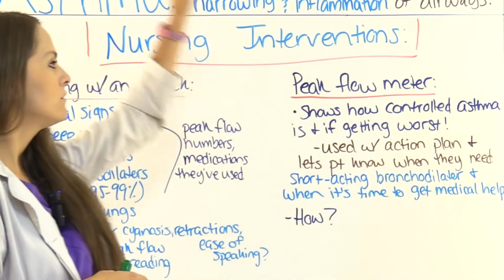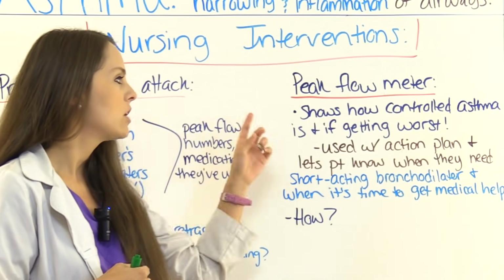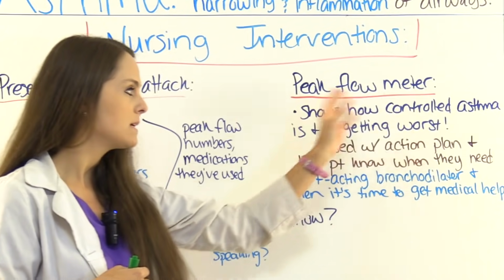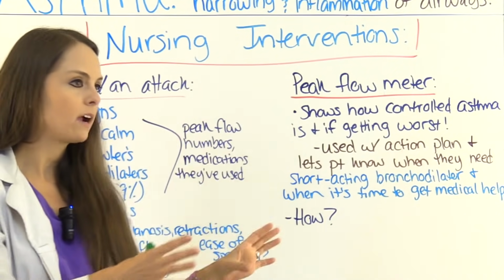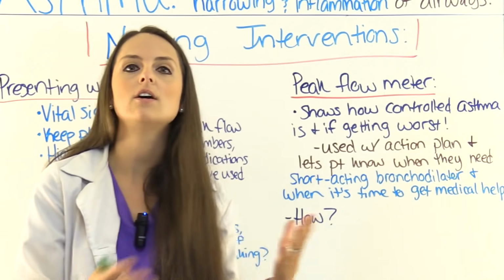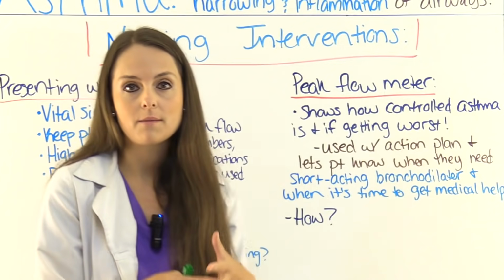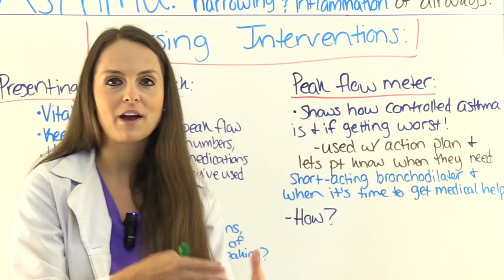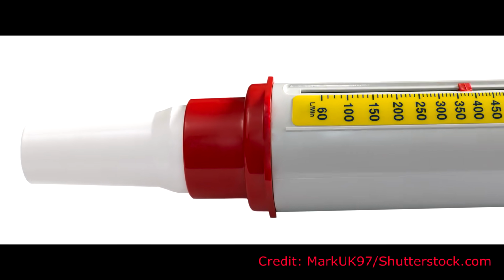Now let's talk about that peak flow meter. What does it do? Again, it shows how controlled their asthma is and if it's getting worse. I want to cover this because when you're taking care of patients with asthma, you're going to come into contact with these devices, and I want you to be familiar with them and how you would educate a patient on how to use them. So this peak flow meter looks like this.